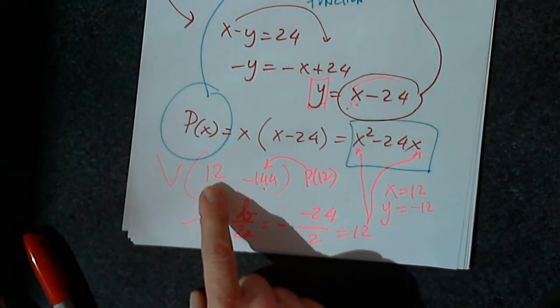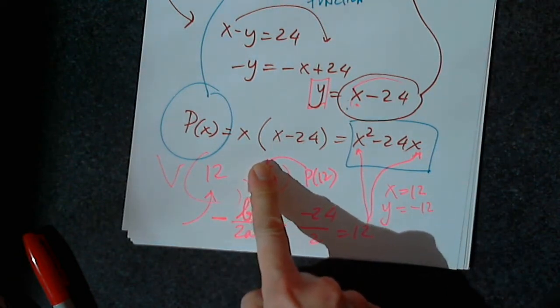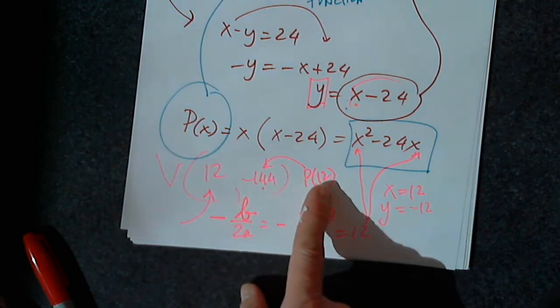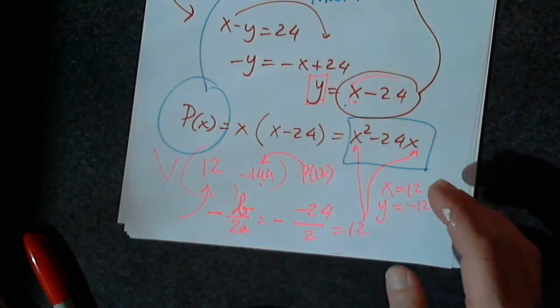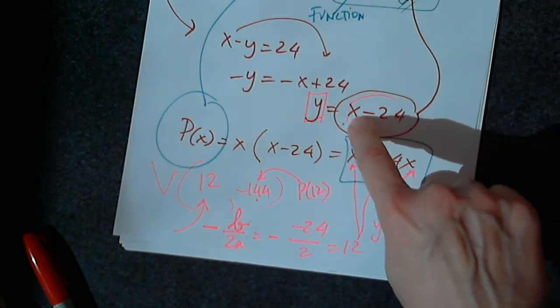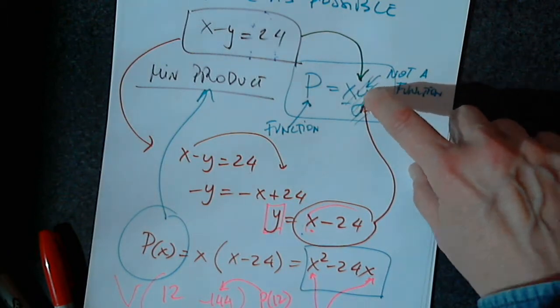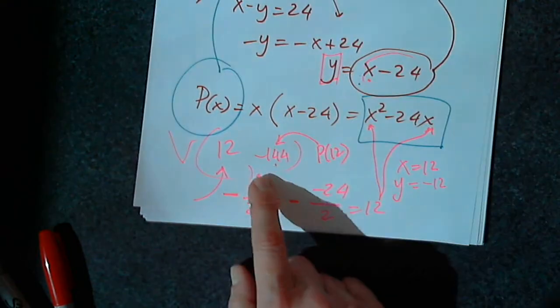So if I have x, this is f of x. I have 12 for this function. So this number is p of 12, and we just plugged it in to get negative 144. Another option is I already determined x, and if I determine this y, if I have 12 times negative 12, the product is negative 144.